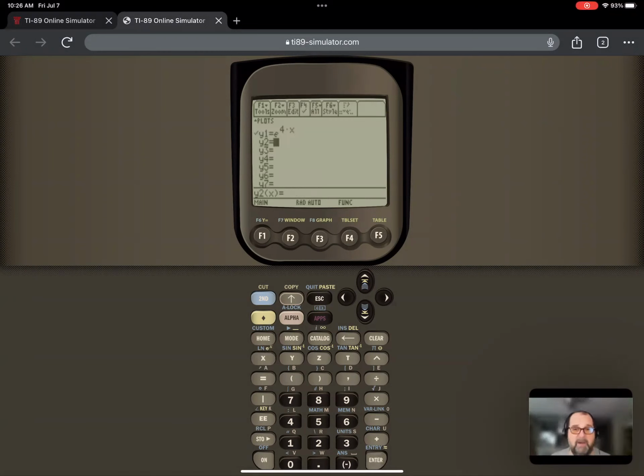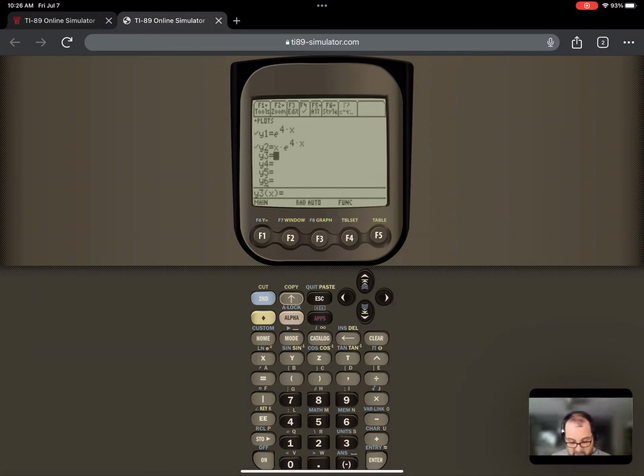I know that's defined on my calculator as y1. As a little trick, I'm also going to put x times e to the 4x into y2. So these are the two functions I want to check.